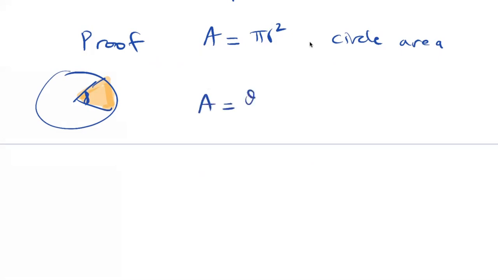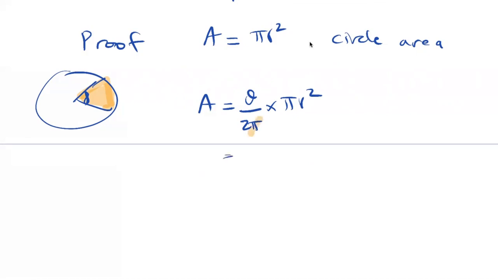Therefore, that's that angle. Now, in radians, the 360 degrees, or the full turn, is 2 pi. So theta over 2 pi gives me the fraction of the circle of which area I'm calculating. Then it just becomes times pi r squared: the fraction of the circle times the area of that circle.